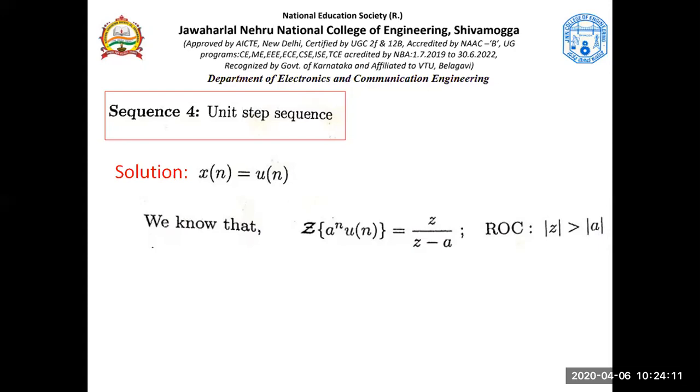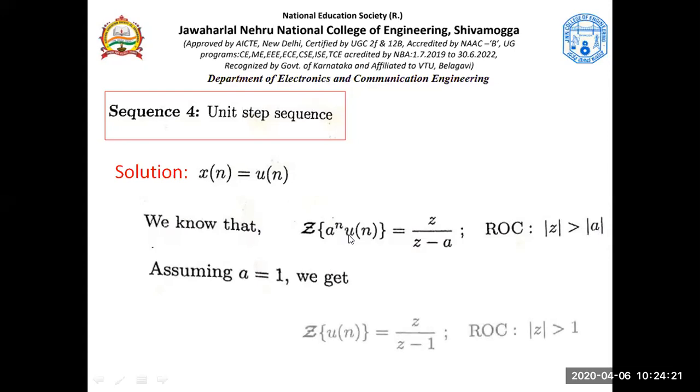So that is what we talk about in the next step. Assuming a equal to 1, we can write z transform of u of n is z by z minus 1, and ROC being |z| greater than 1, which means that ROC is outside the circle with radius 1.